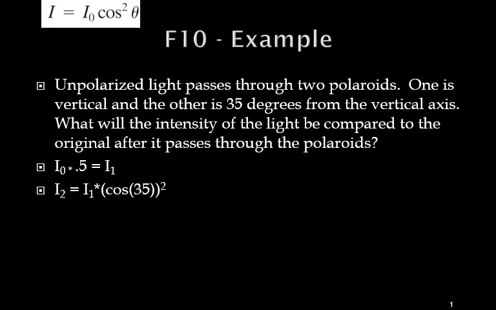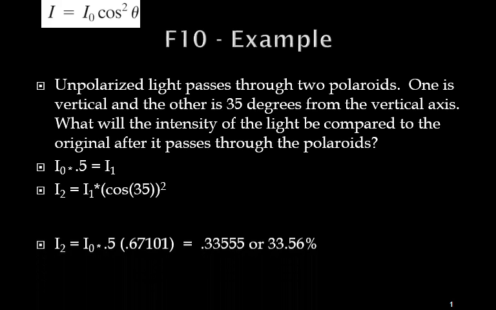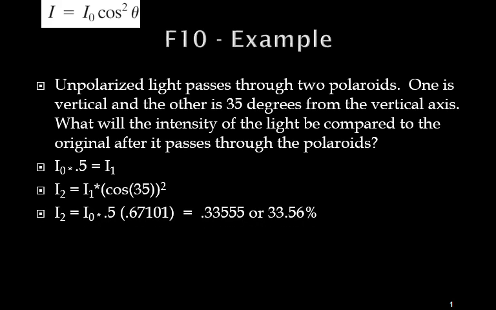Now, I'm going to work through this with you because it's easy to get this mixed up. In your calculator, what you're going to do is cosine of 35 first, then you're going to square that. And so it's important that you do cosine of 35 first, then square it, because if you square 35 and do the cosine of that, you're going to get something crazy. So then after we get that, that's going to come out to be 0.67101.